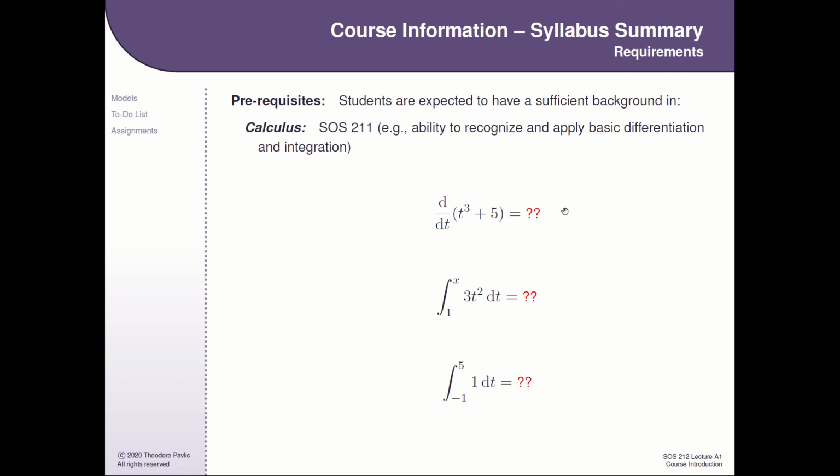Similarly, if I had a simple integral like this one, and this is the last one here, then I know that if something's constantly having something flowing into it, it is going to rise at a linear rate, and so you put a t in here, but then you evaluate that from -1 to 5, and that gives me 5 minus -1, or 6.